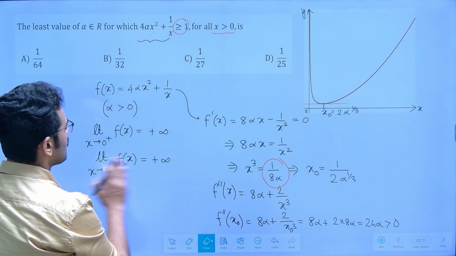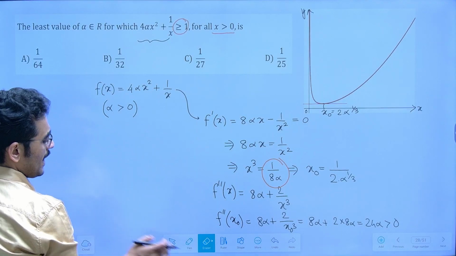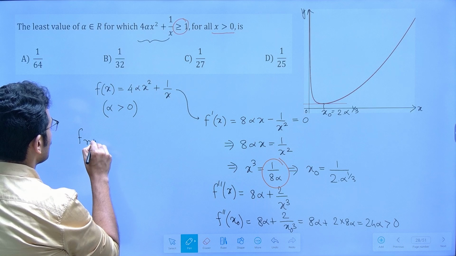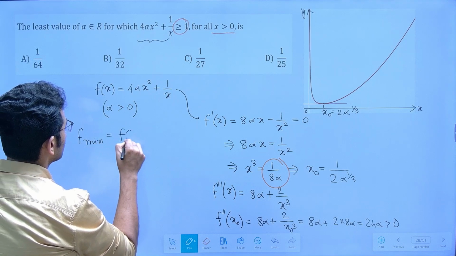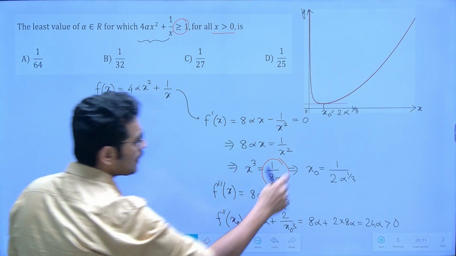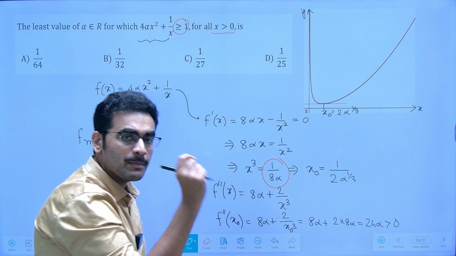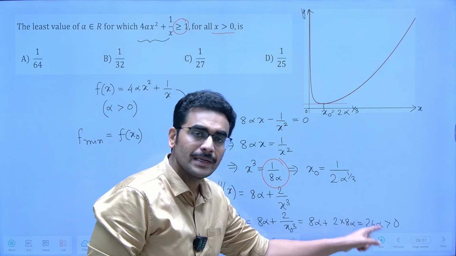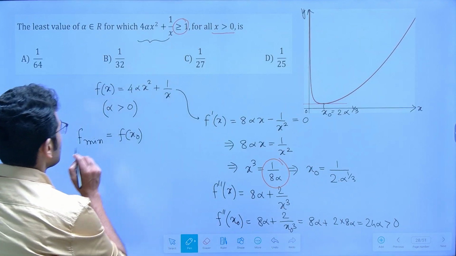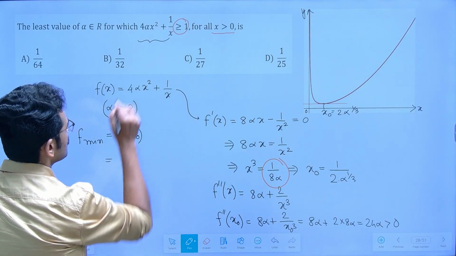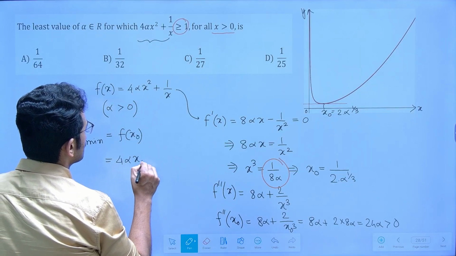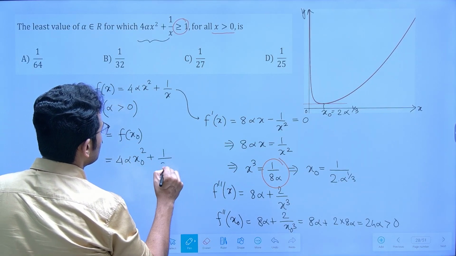So what is the global minimum value of the function? So f minimum is equal to f of x naught. At this particular point x naught, the function achieves the minimum value because dy/dx is 0 and d2y/dx square is positive. So if you substitute in the function, it will be 4 alpha x naught square plus 1 by x naught.